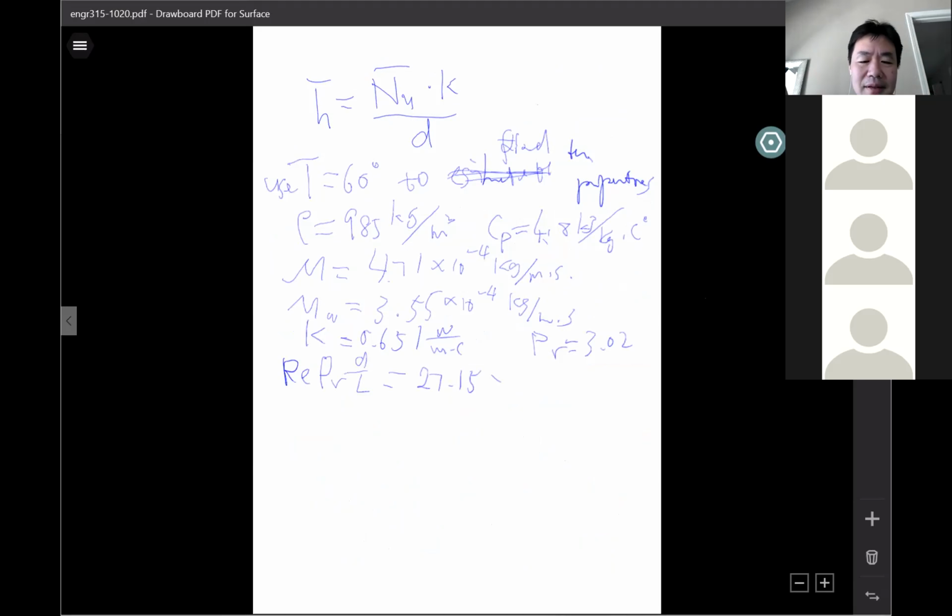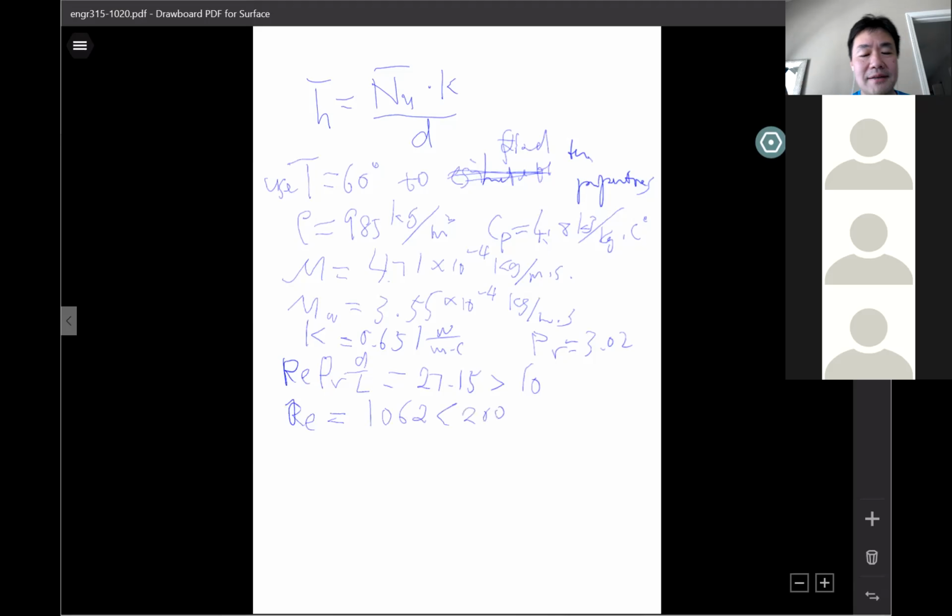Okay, it's greater than 10. But before I do this, you need to actually calculate the Reynolds number, right? What is the Reynolds number for this case? Although I haven't told you much about the turbulent pipe flow heat transfer equations yet, obviously this is a laminar flow, because it says laminar flow. But you need to really check to see if the Reynolds number is greater or less than 2000, to make sure it is laminar. 1062, okay?